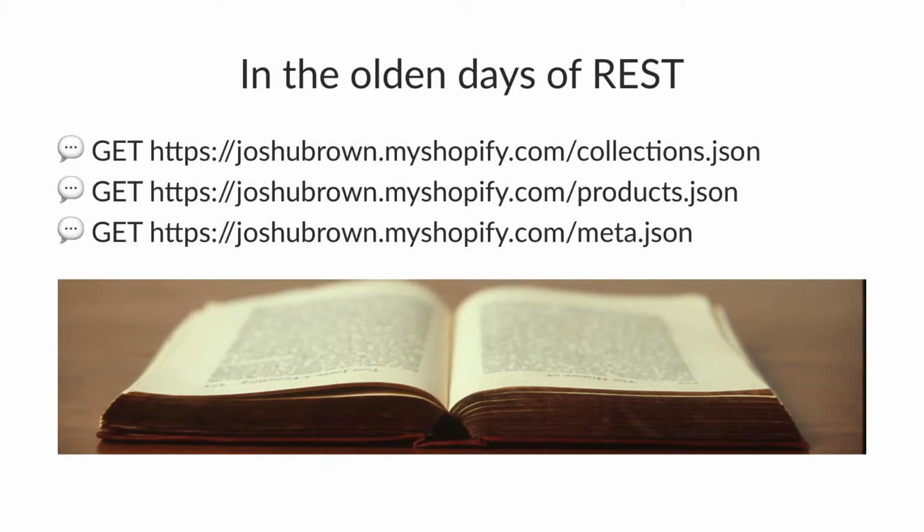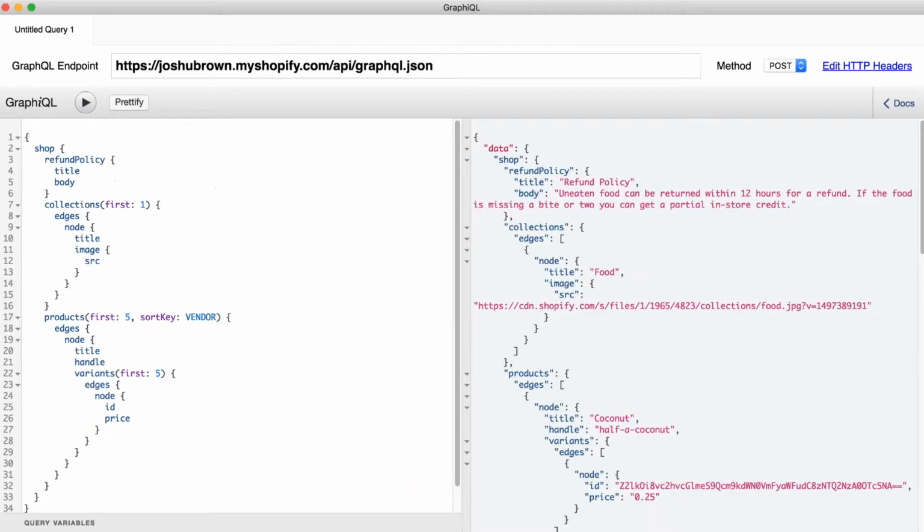So with GraphQL, those 3 network requests are cut down to just one request. And instead of getting all of the data that we didn't need, like the created at date of the product, the published at date of the product, all we're going to get back from GraphQL is the data that we specifically asked for and the fields that we specifically asked for. So really nice for a mobile situation because you're reducing network requests and you're also reducing the amount of data that goes over the app.